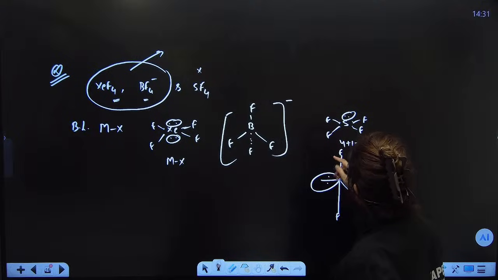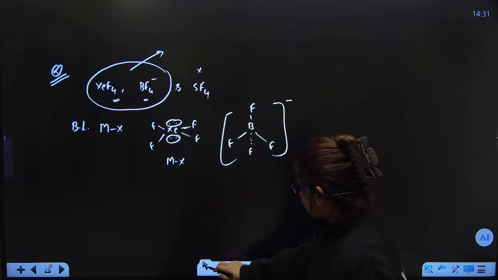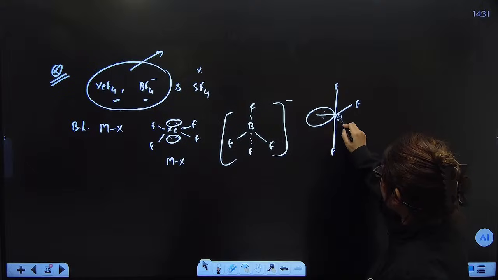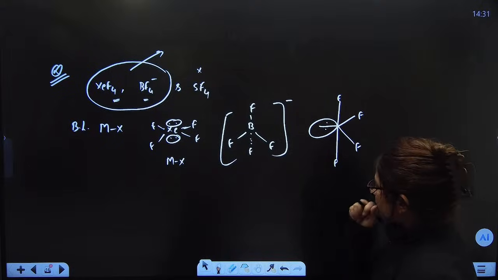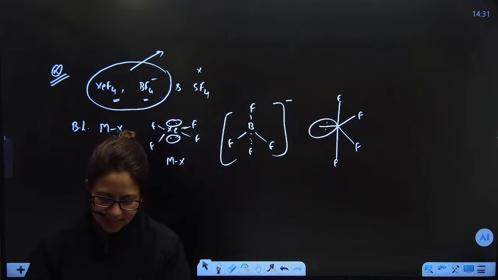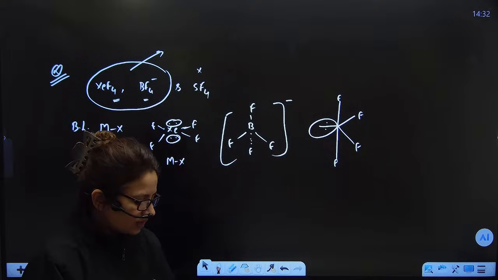These are the equatorial and axial positions. The bond lengths are not the same. It's a seesaw structure, where the axial bonds have a different bond length compared to the equatorial. So the first statement is right, that XeF4 and BF4 have the same bond length, but SF4 has a different one.